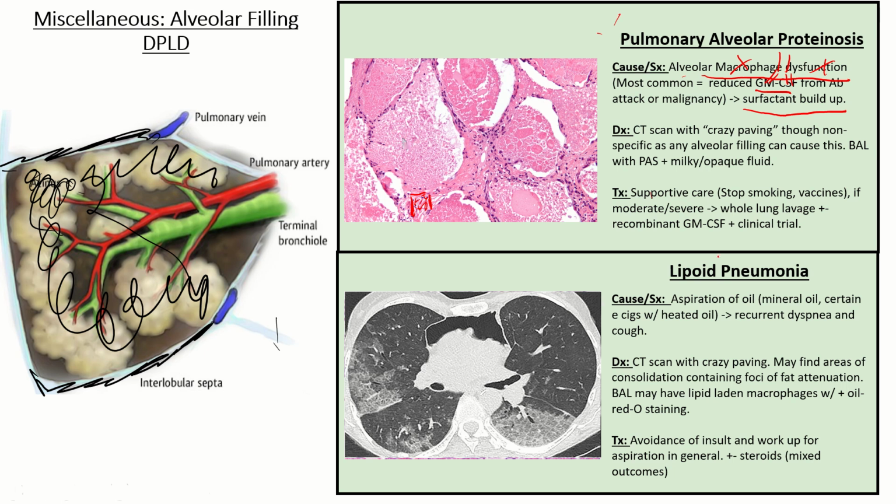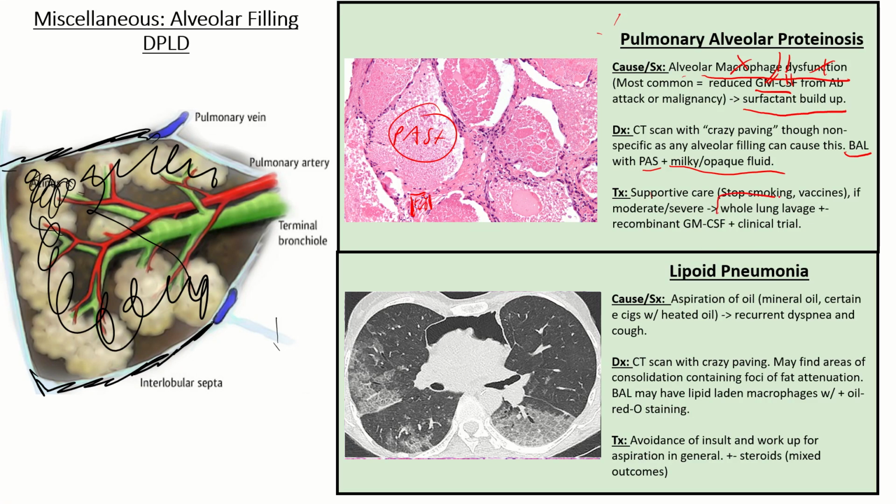The BAL here is another good finding, and it's why BAL is so important for DPLD. It's going to be PAS positive for this surfactant buildup, and you might see this milky, opaque fluid, which is that surfactant. Treatment is going to be supportive care.